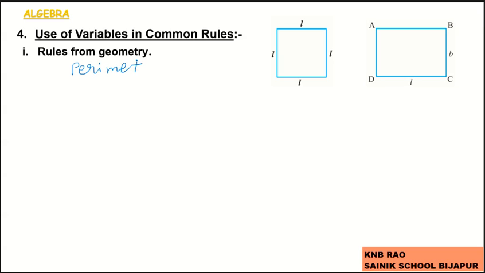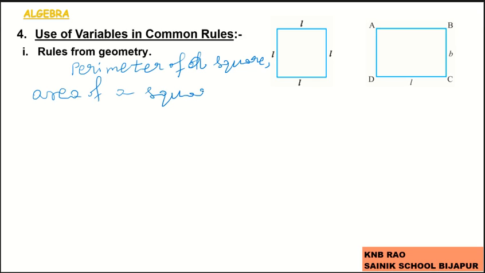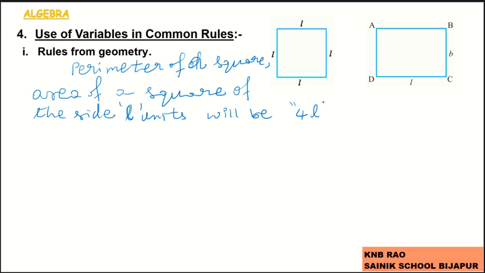as examples. Perimeter of a square, area of a square, of the side L units will be 4 times L. You can watch this 4 times L, again an algebraic variable used here, and L square units.